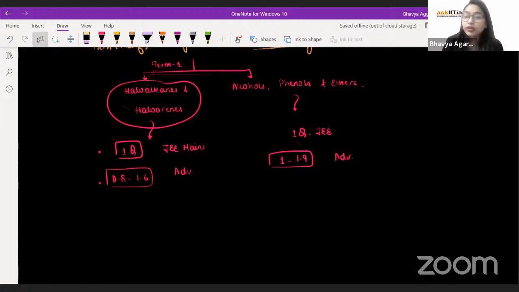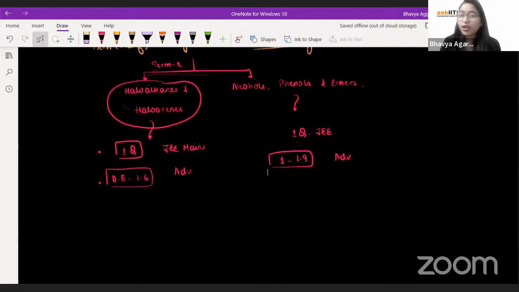So chloroform, tincture of iodine, Dettol. You use these CFCs. Whether they're good or bad, they are highly used in our day-to-day life. Fertilizers, DDT, everywhere you'll find the usage of this particular chapter.